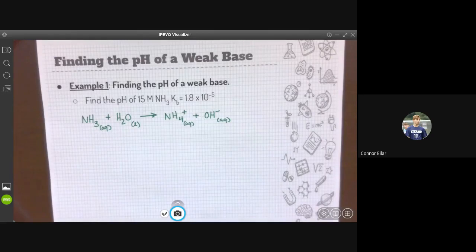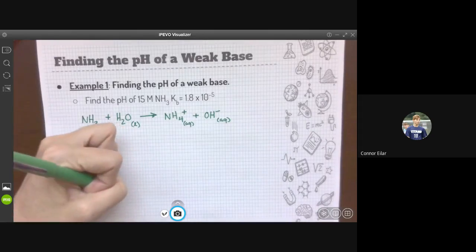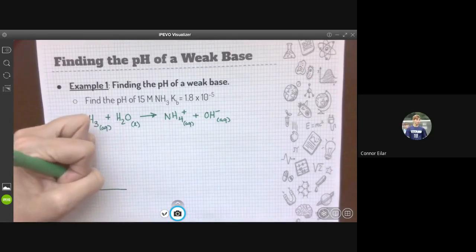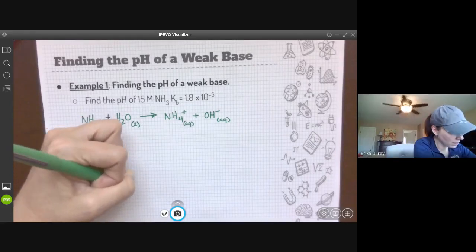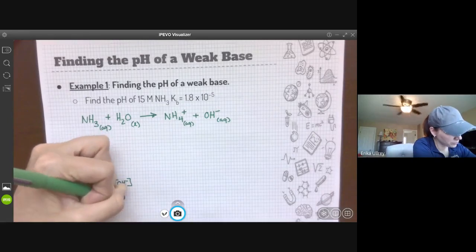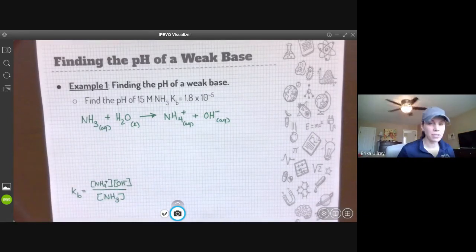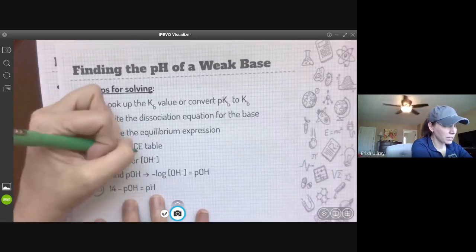Kb equals NH4 plus and then OH over NH3. Good. Perfect. Okay. So there's our equilibrium expression. So we've done that. So then the next thing we need to do is set up an ICE table.